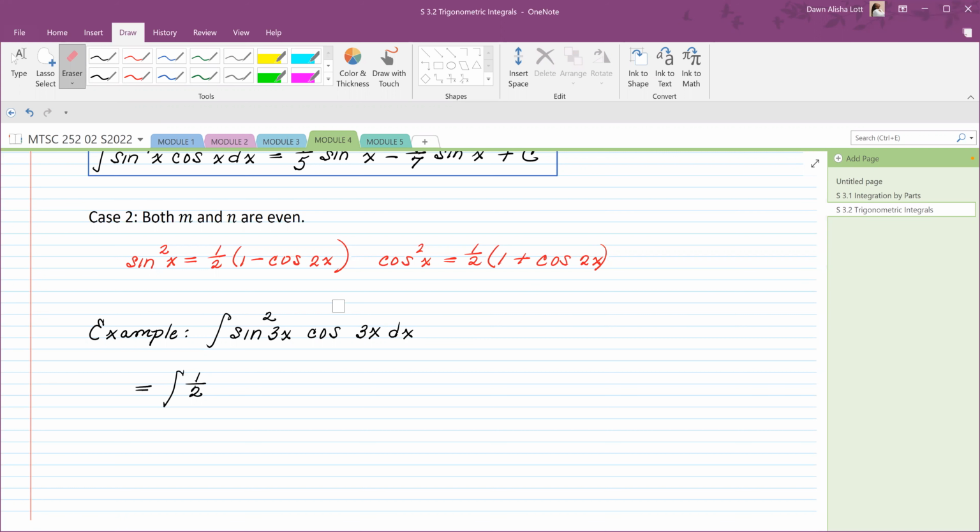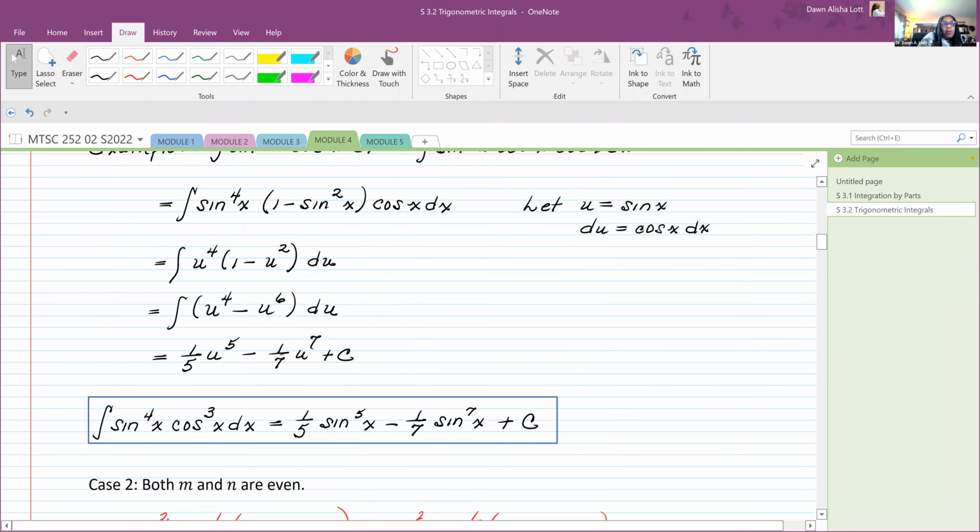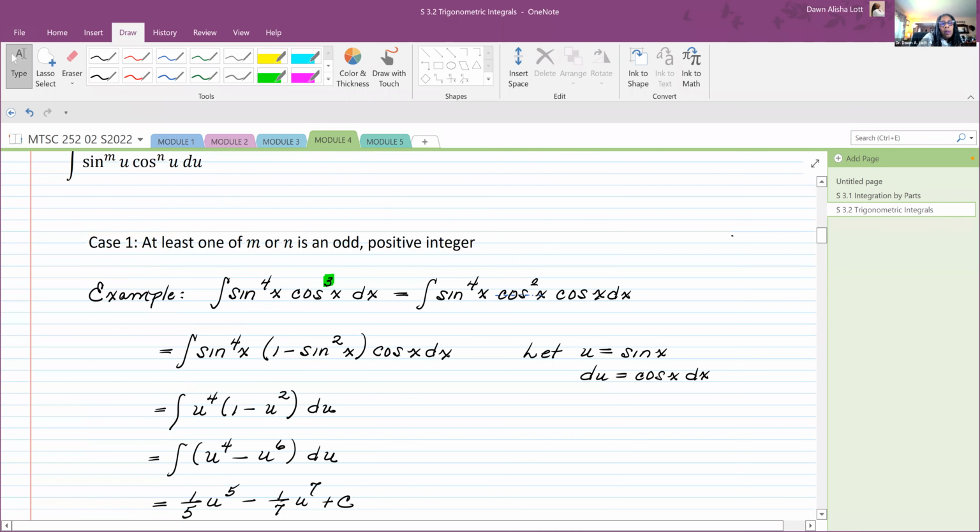I have a quick question. We chose the formulas based on what's given to us in the problem? Yes. So whenever one of the powers is odd, you pull one off. See how it was cosine cubed and I wrote it as cosine squared times cosine? I pulled the cosine out.